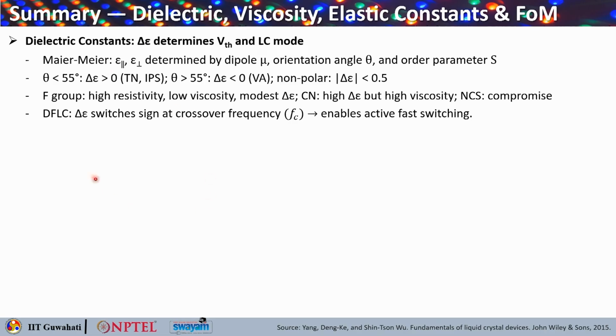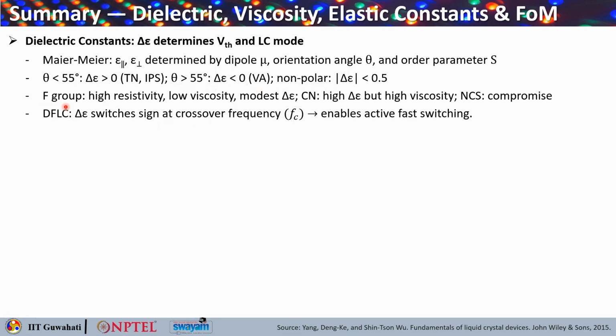We have also seen the Mayer theory that allows the parallel and the perpendicular permittivity to be determined by the molecular dipole moment, the orientation angle theta and the order parameter s. We have seen theta negative gives you positive birefringence, or you can say positive anisotropy in permittivity. So, that is for twisted nematic and IPS. For positive theta you get vertical alignment mode.